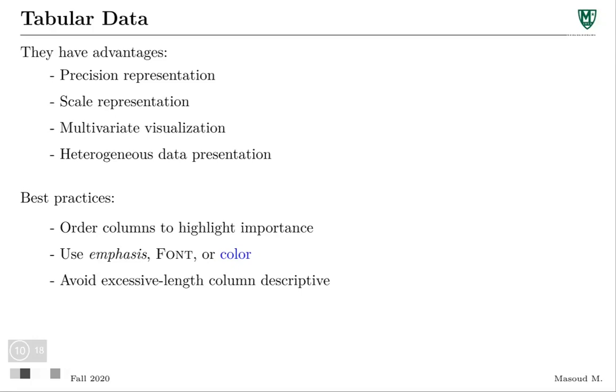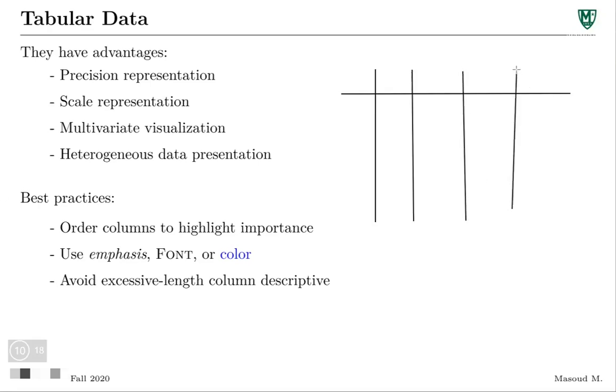Now, three rules, and I really hope you follow these. Numerical data in a table should be right aligned. When you put data in a specific column, as in my example about scale representation, if this column represents numerical values, they should be right aligned.